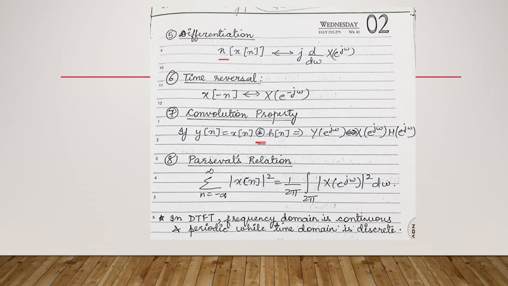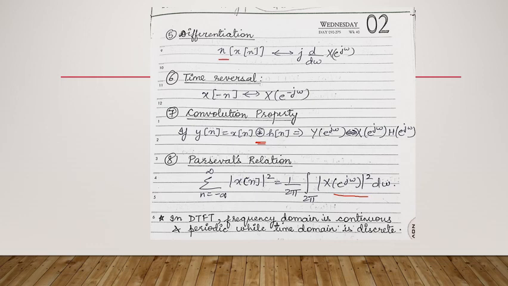In the frequency domain, we take the integration of the DTFT modulus square over a period of 2π and divide the final result by 2π. So this is Parseval's relation. Where is it helpful? Sometimes integration is simpler as compared to summation. So in those cases, we prefer using Parseval's relation.